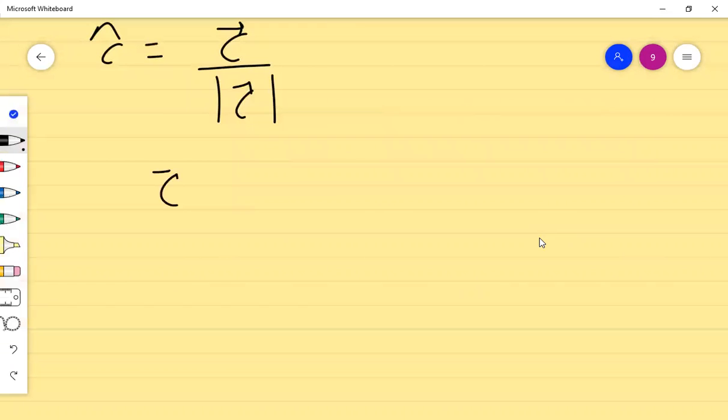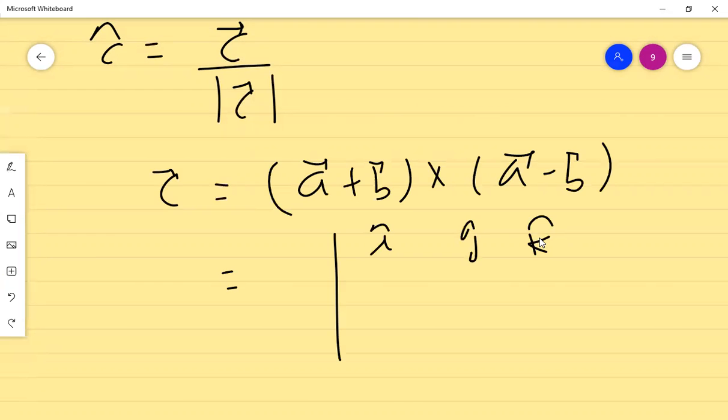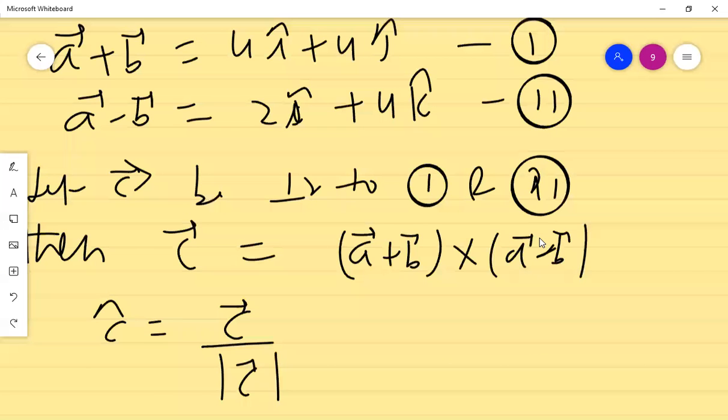C vector equals A plus B cross product with A minus B. And that is the determinant with i, j, k, then 4, 4, 0, and 2, 0, 4.